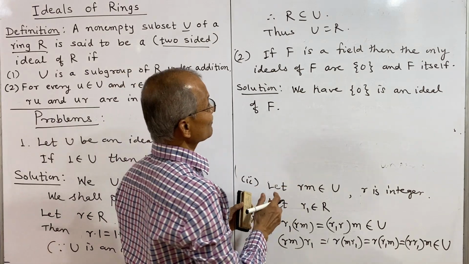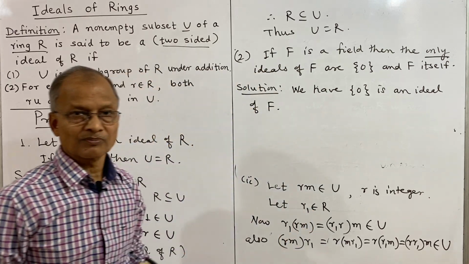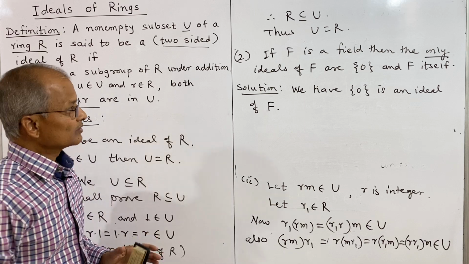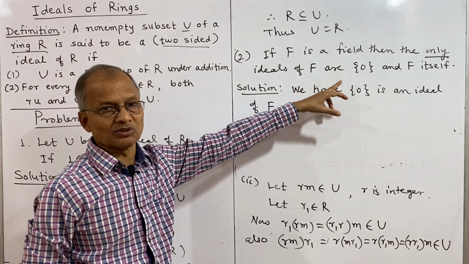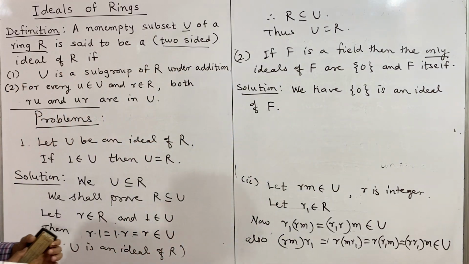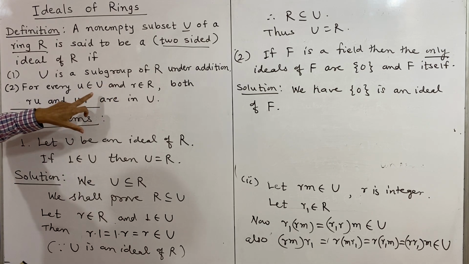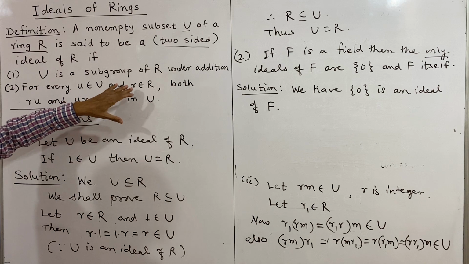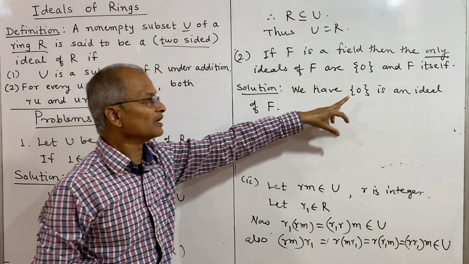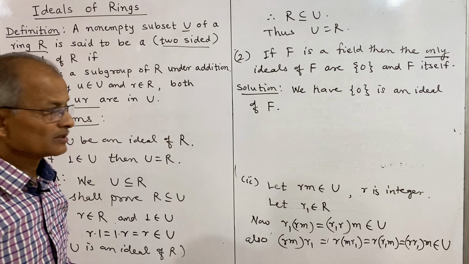But what we have to prove is that these are the only ideals of a field, which means it does not contain proper ideals, not equal to F or 0. So that we have to actually prove. 0 is an ideal of F because 0 is a subgroup under addition, as we have seen in our first example, and also for any element 0 belonging to 0 and r belonging to R, their product is 0, which is again in the set 0, and therefore both conditions are satisfied.